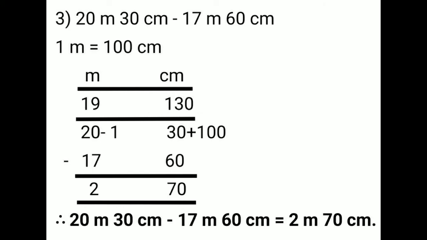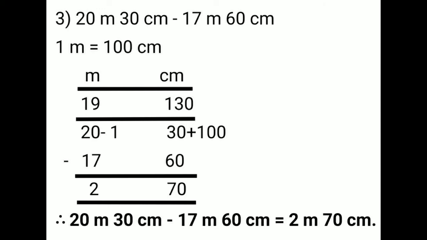Then we borrow 1 meter from 20 and add it as 100 centimeter to 30, which will give us 19 meter and 130 centimeter. Now 19 minus 17 gives us 2 meter, whereas 130 minus 60 gives us 70 centimeter.